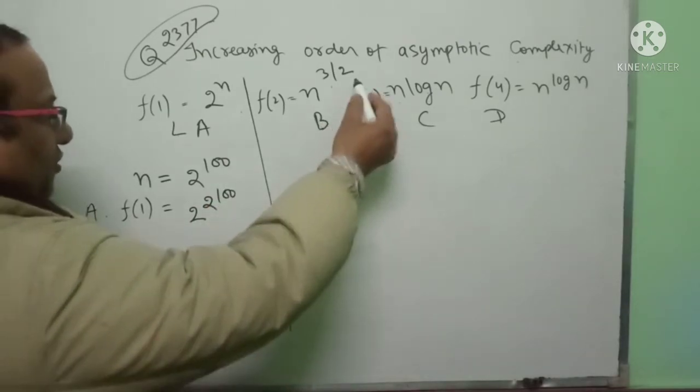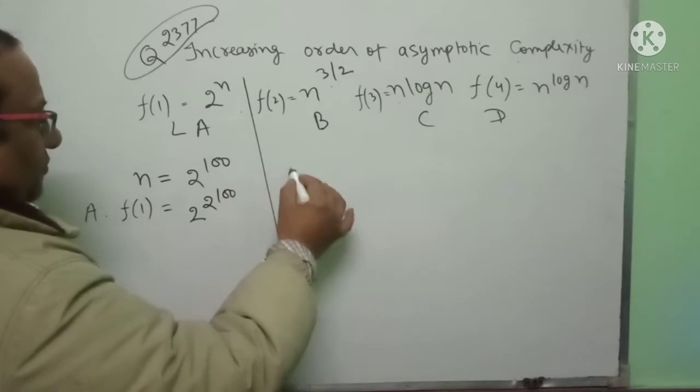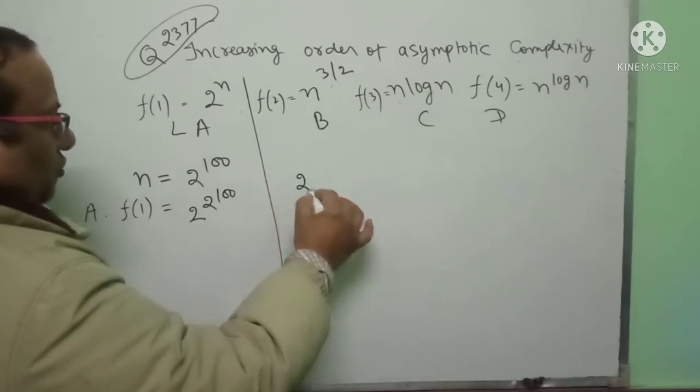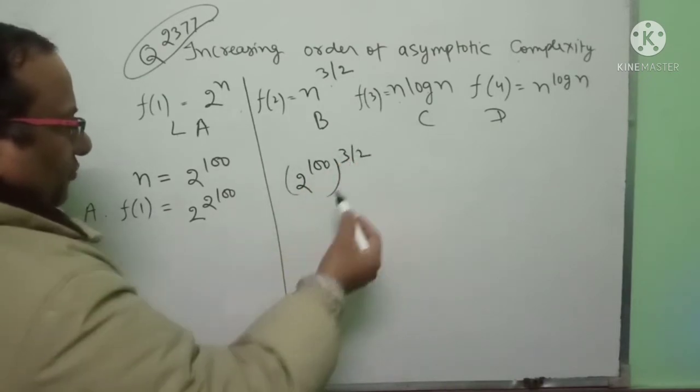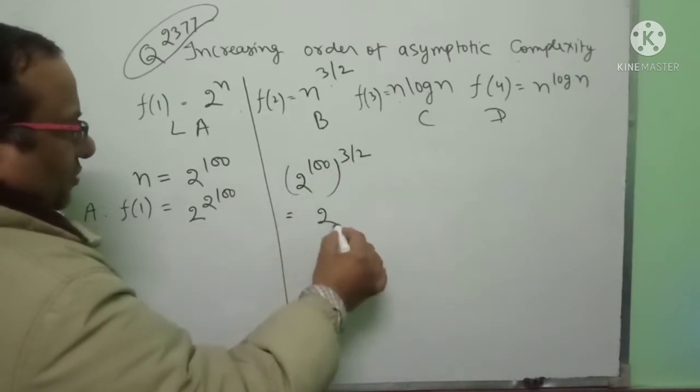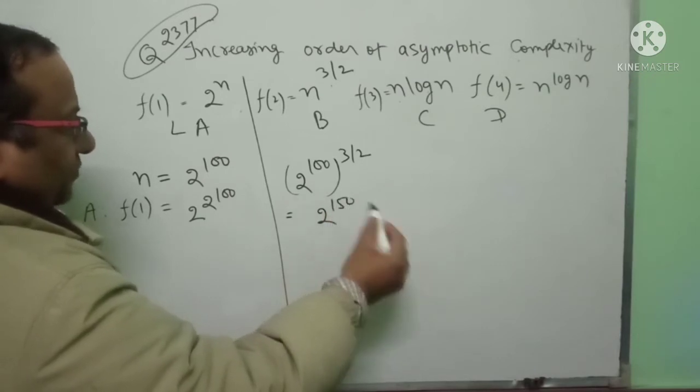Same value if I put for f2, it will become 2 raised to the power 100, raised to the power 3/2, which will be evaluated as 2 raised to the power 150.